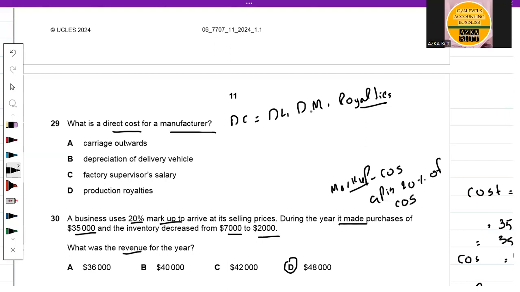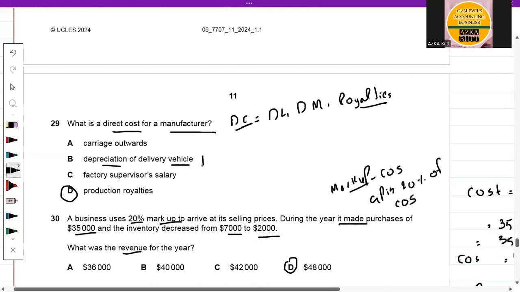So this would be part of direct cost. That's why D option is the right option. We know that the depreciation of delivery vehicle is not a part of direct cost, it is a part of indirect cost. This is also indirect cost, and this is also indirect cost. So D option is the right option.